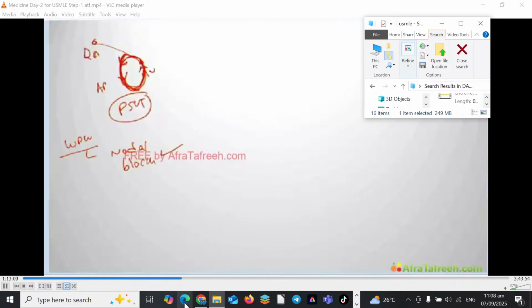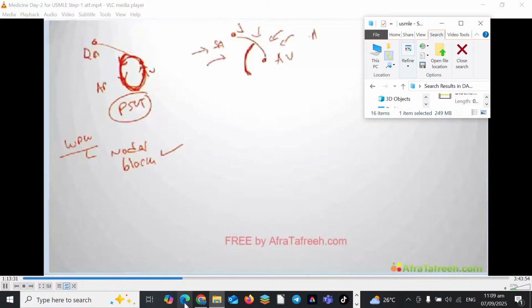If a patient has, this is SA, this is AV node, and this is your accessory pathway, and the ventricles here are hyperactivated, that is atrial fibrillation.